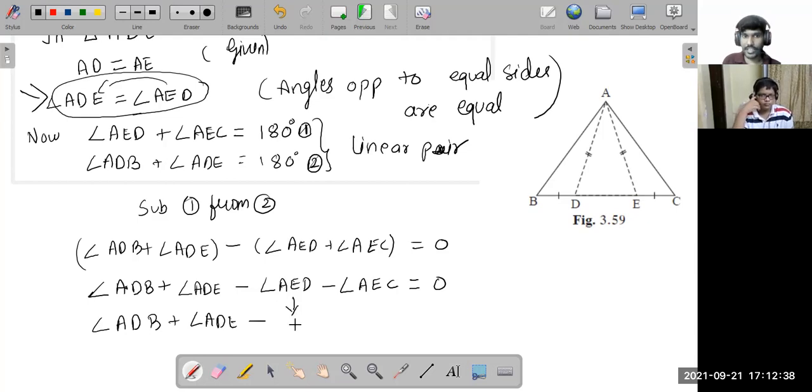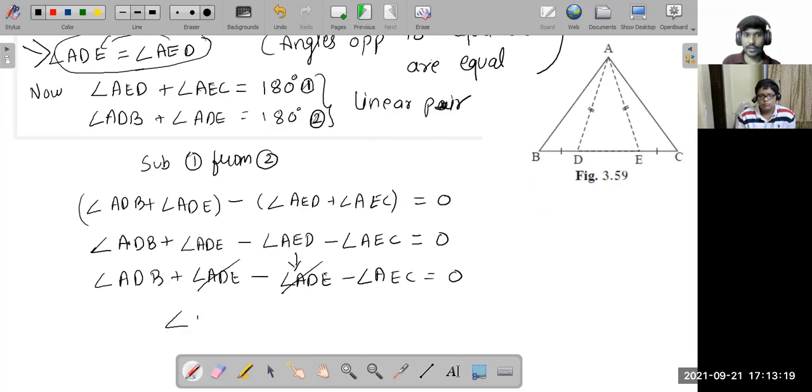So instead of AED, I'll write ADE, and minus angle AEC as it is. Do you understand what I did here? AED and ADE are both equal to each other, so I replaced AED with ADE. Got it? Yes, sir.